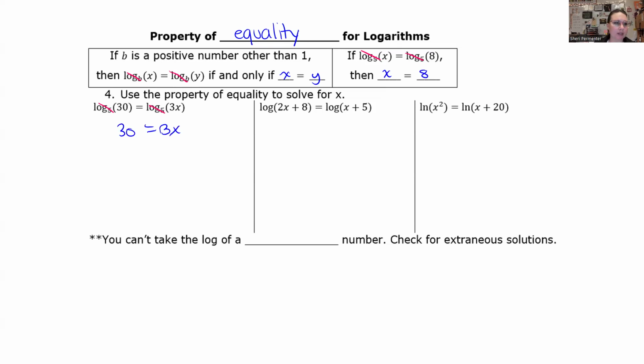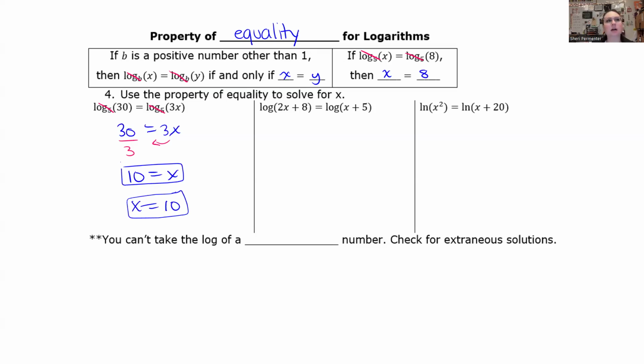What do I got to do to get x by itself? Yep, I just need to divide. So I will divide by 3. What's 30 divided by 3? 10 equals x, or x equals 10. Do you like it better that way?